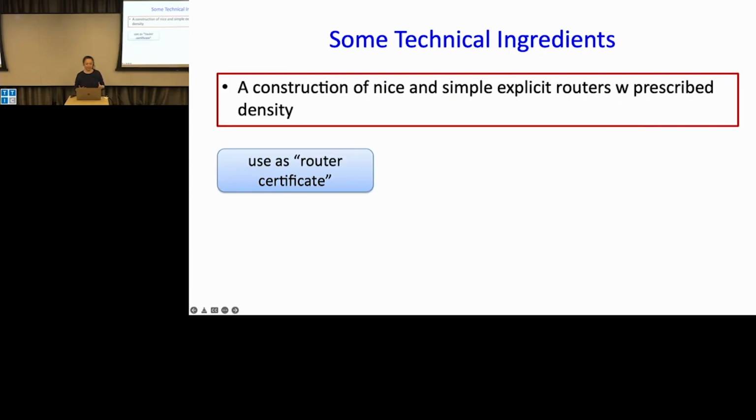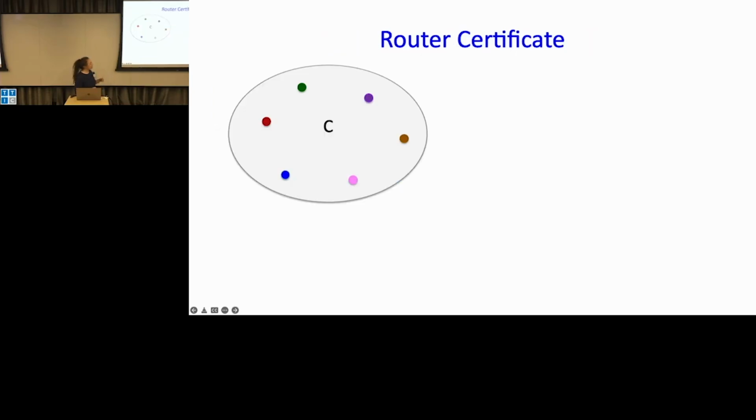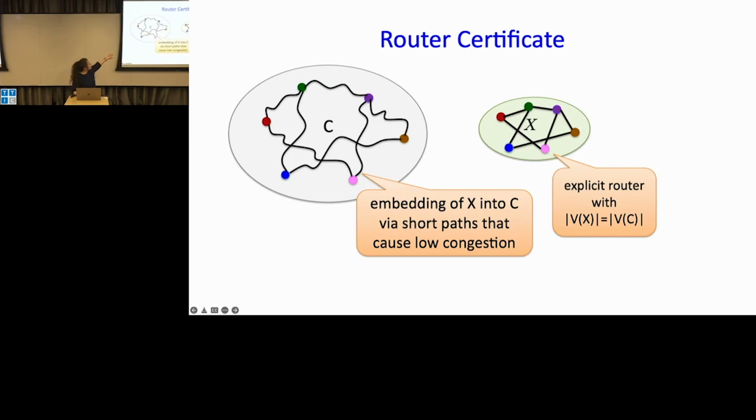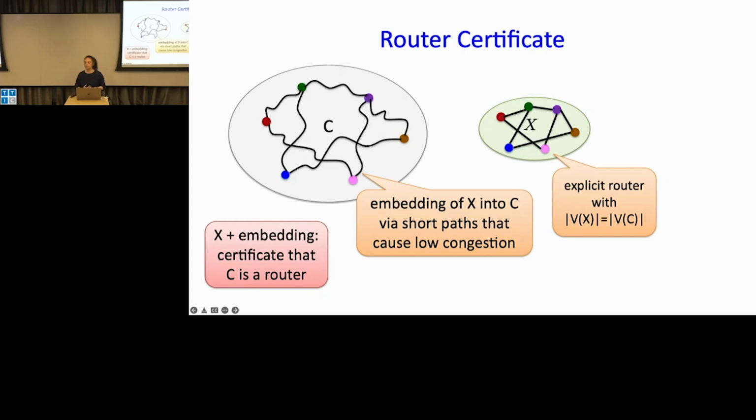These explicit routers can be used as a router certificate, similarly to what we did with expanders. If this is my cluster and I want to certify that it's a router, I just build one explicit router on the same set of vertices and embed it into this cluster through short paths that cause low congestion, and together this is a certificate that this cluster is a router.